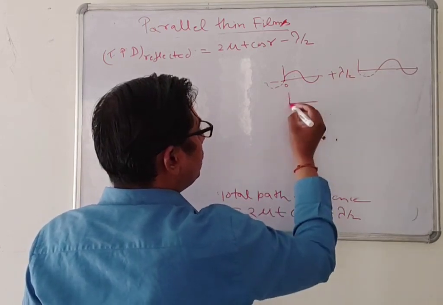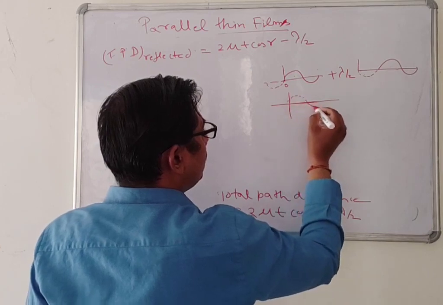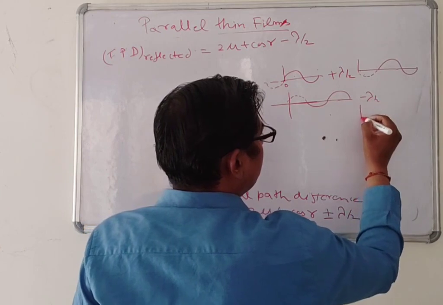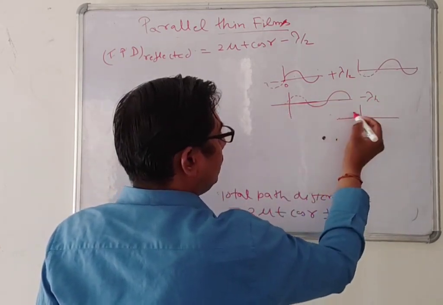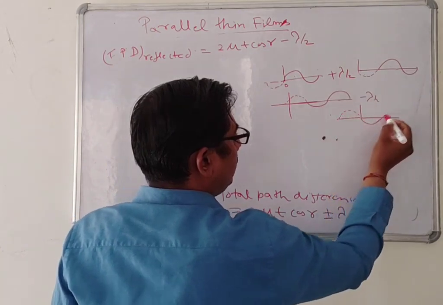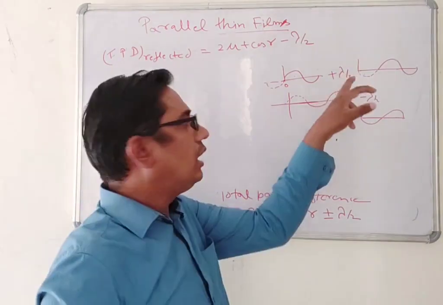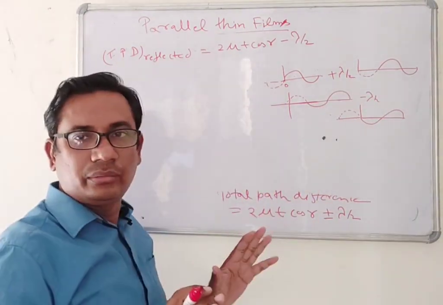And like that, when you subtract lambda by 2, you will see that the origin shifts here. This is simply the meaning of addition and subtraction. So you can use any one. This is the mathematical representation.